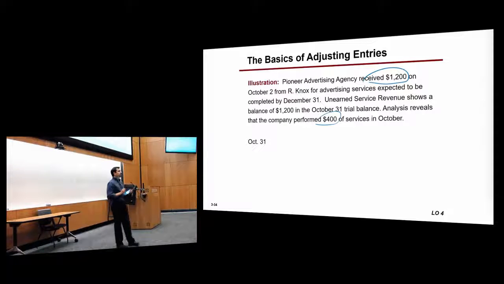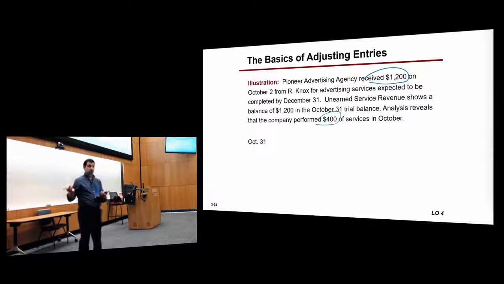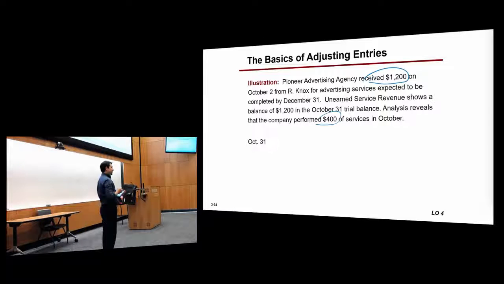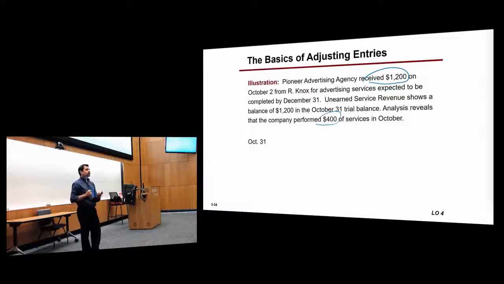Out of these 1,200, by the end of the month, the company earned 400. So you have to decrease unearned revenue by 400 and increase service revenue by 400.